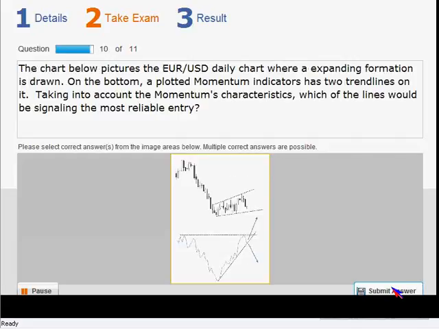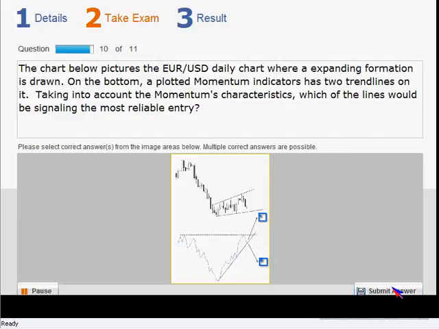Number 10. The chart below pictures the EURUSD daily chart where an expanding formation is drawn. On the bottom, a plotted momentum indicator has two trend lines on it. Taking into account the momentum's characteristics, which of the lines would be signaling the most reliable entry?